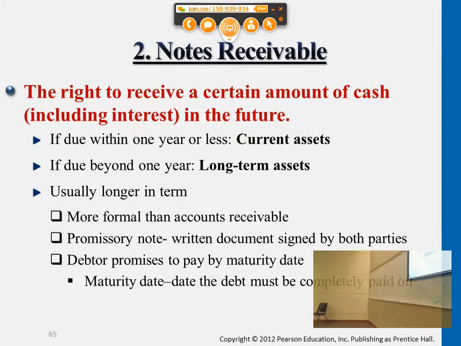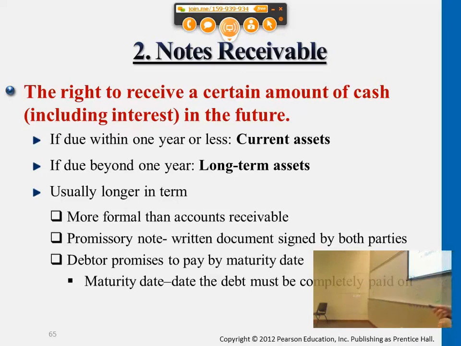That will be specified on the promissory note once the agreement is decided. You have the date, both parties, the dollar amount, and the interest rate on a signed promissory note. So if the note has a lifetime shorter than a year, it's a short-term, current note. Longer than a year, long-term notes.